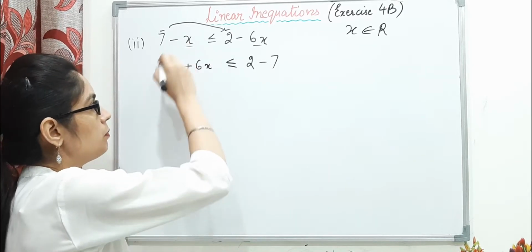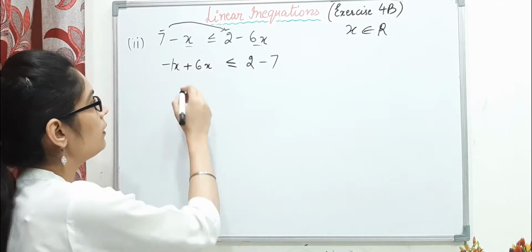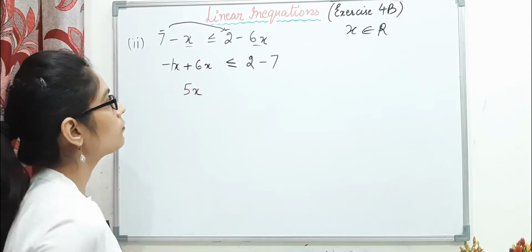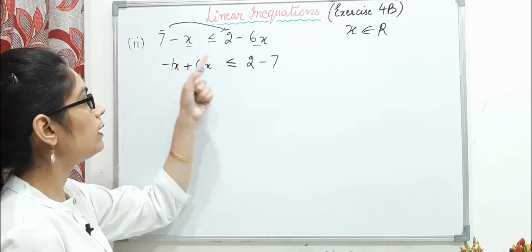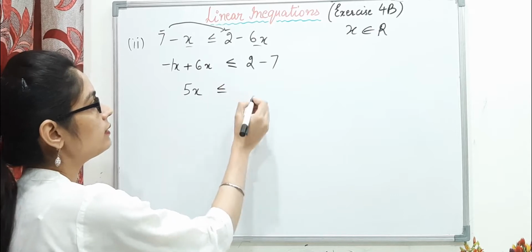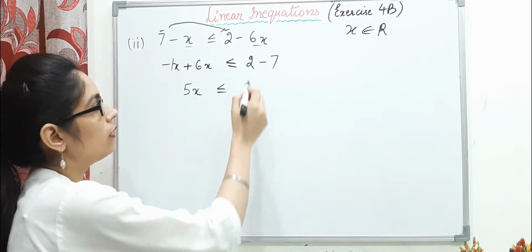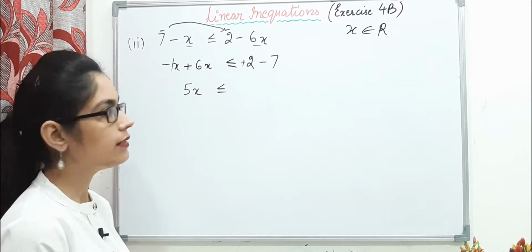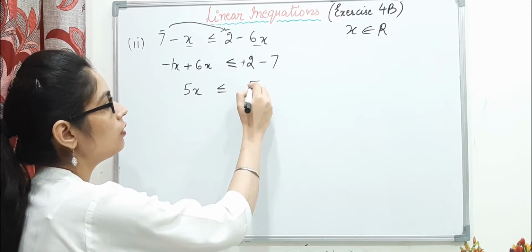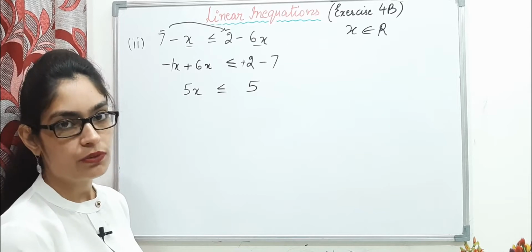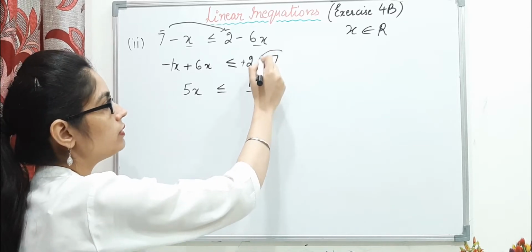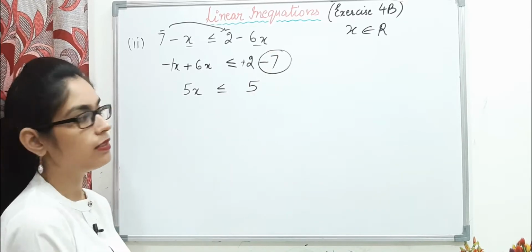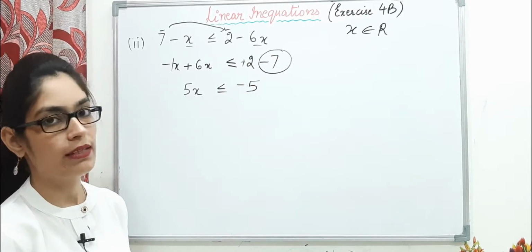So 6x minus 1x, it is 5x plus 5x, because with the greater number plus sign is there, less than or equal to 2 minus 7. Again 2 is plus, 7 is with minus sign. So minus plus minus, 7 minus 2, 5. The sign which is with the greater number. So with the greater number, which is 7 in this case, minus sign is there, so it will be minus 5.